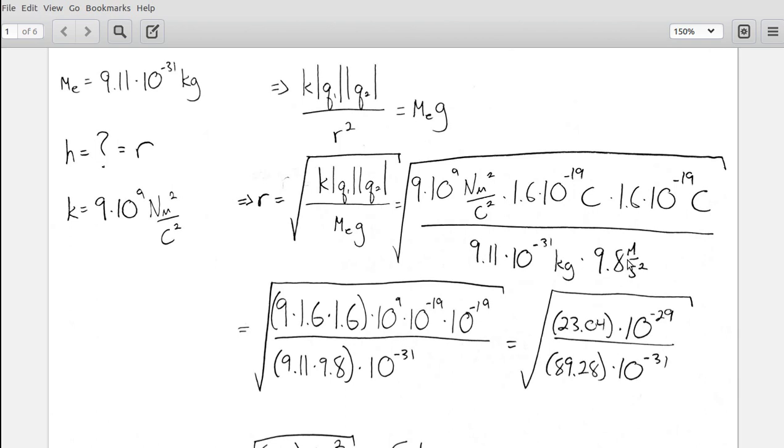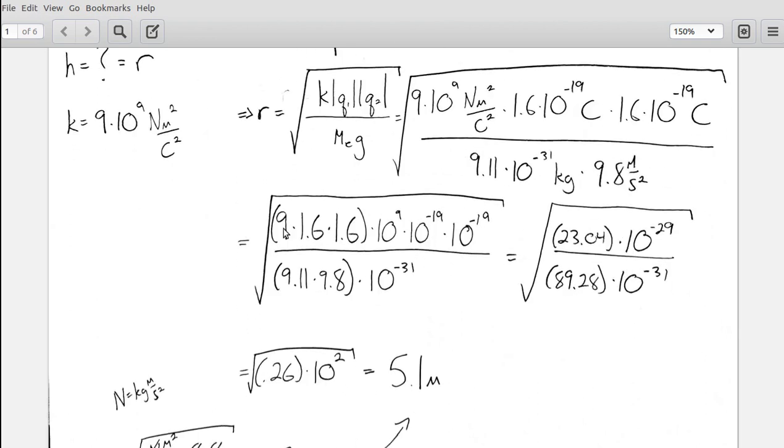So what I like to do here, depending on what kind of calculator you have, we're dealing with very, very small numbers and very, very large numbers. It takes a little bit of time, but it helps me avoid making calculator mistakes. So I'm taking all my coefficients, my 9, my 1.6, my 1.6, my 9.11, my 9.8, and I'm grouping them all together.